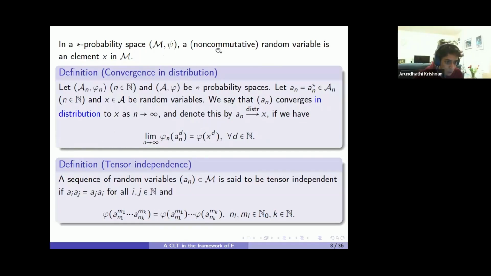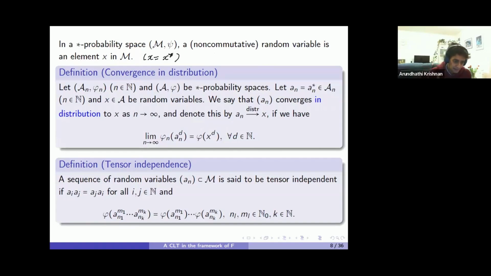And we'll often assume that the element is self-adjoint. And that's to correspond to the fact that a random variable is often thought to be real valued. So often we'll take X to be X star. So it's self-adjoint with respect to the involution on the star algebra M.